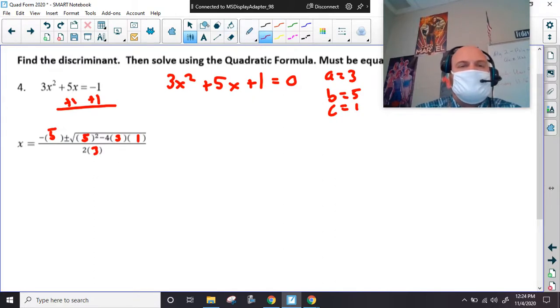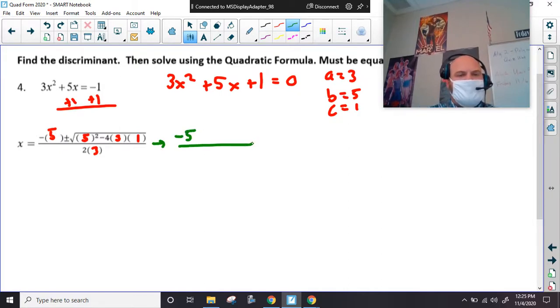Well, negative times 5 is going to be just -5. 2 times 3 is going to be 6. And we're going to have plus or minus, and we learned about that yesterday because we got to take the positive and negative root. So the discriminant is 13.